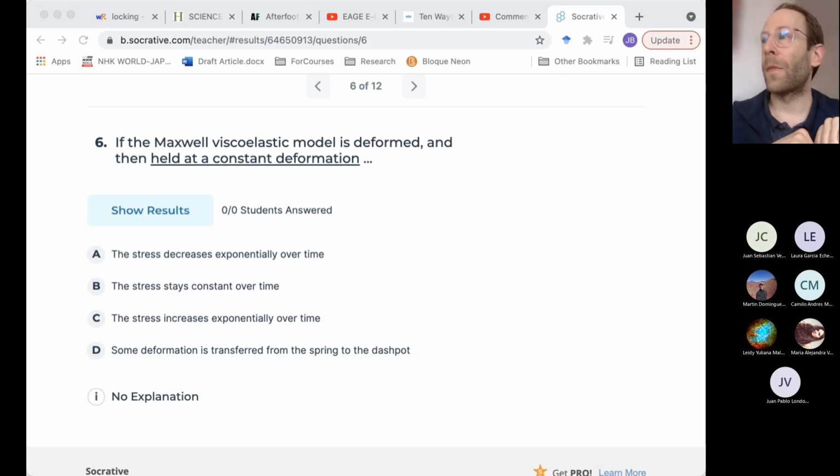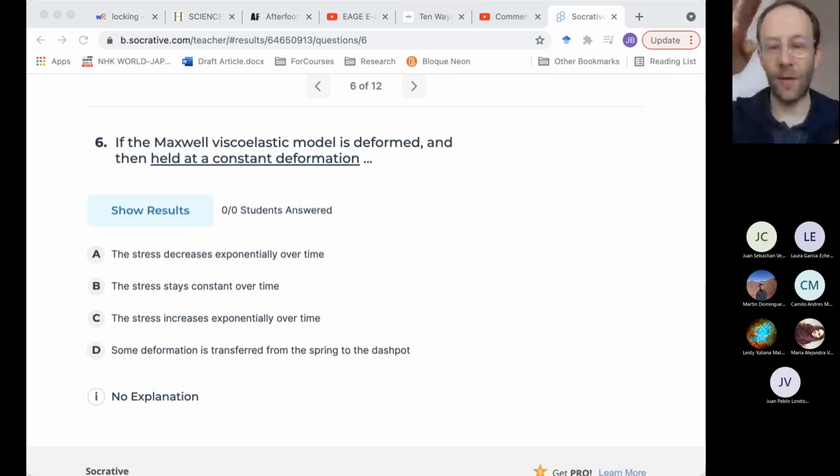So, as you know, the speed at which the deformation is occurring depends on the amount of stress for the dashpot. So basically, when you release some stress over time, then the dashpot deforms itself slower and slower and slower over time.